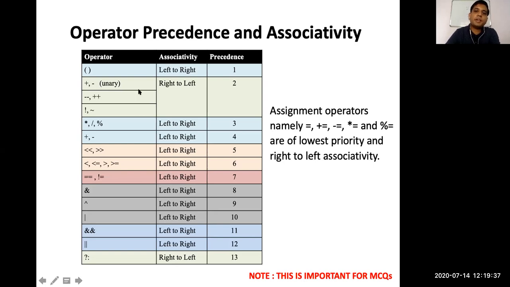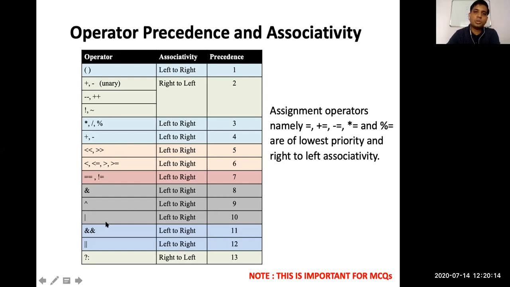The unary operator has higher precedence, that is plus, minus, not and complement. Then the arithmetic operators: multiply, division and modulus have the same priority, and plus minus have the same priority. But plus minus is not executed first. If multiplication and addition are both in your expression, multiplication is executed first according to the BODMAS rule.